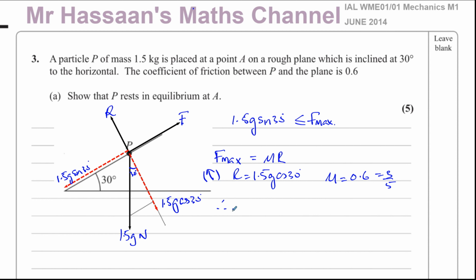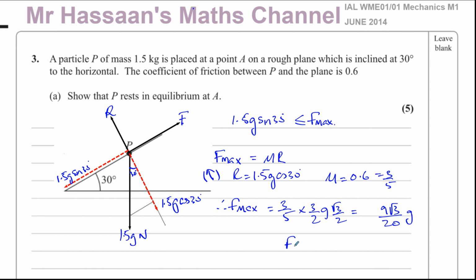So therefore, F max is going to take the value of 3/5 times 1.5 g, so that's 3 over 2 times g, times cosine 30, which is root 3 over 2. I've just tried to keep things in exact form for now. So that's 3 times 3 is 9 times root 3 over 5 times 4, so over 20 g.